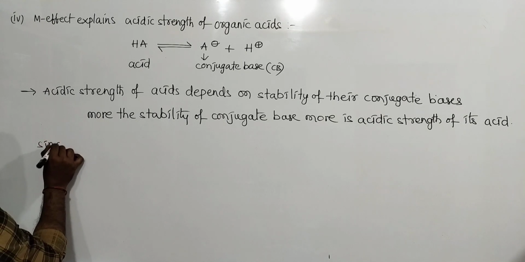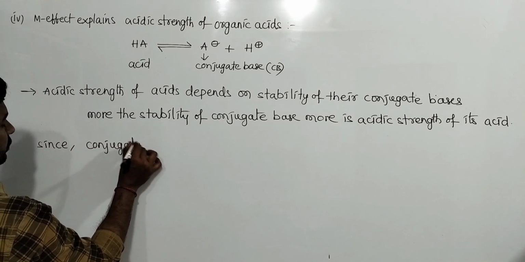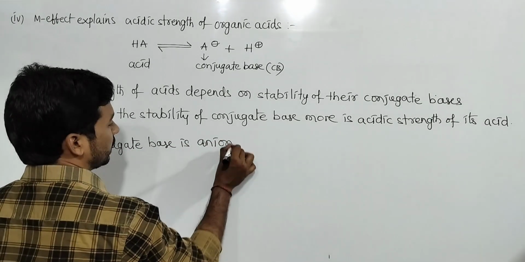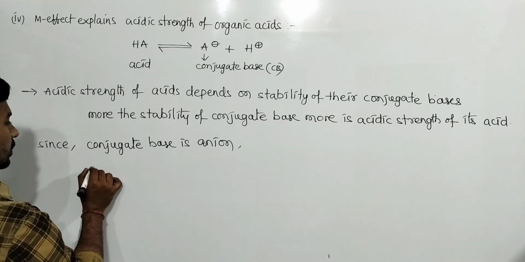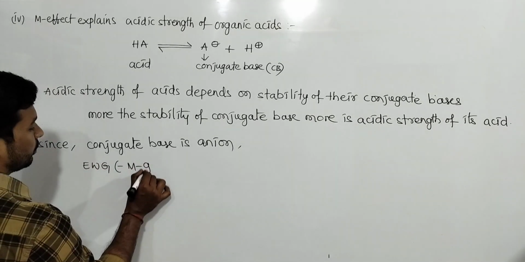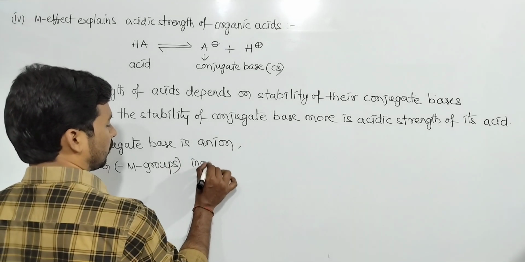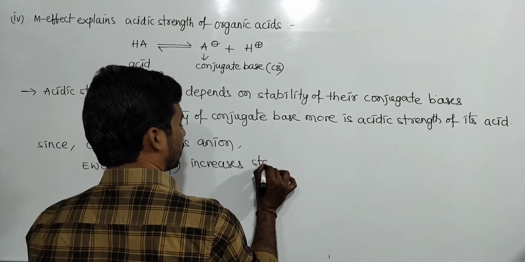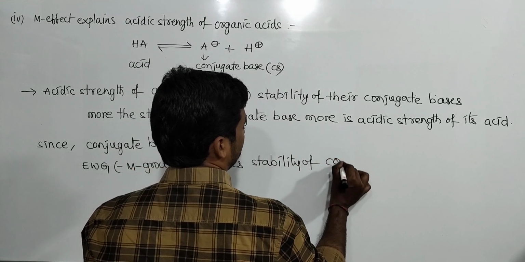Since conjugate base is an anion, electron withdrawing groups, that is minus I groups, increase stability of conjugate bases.